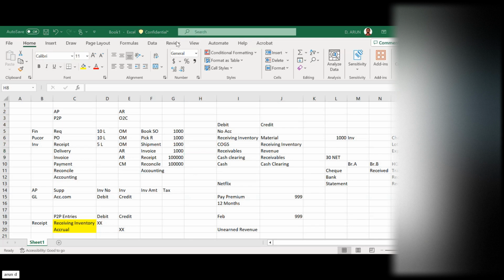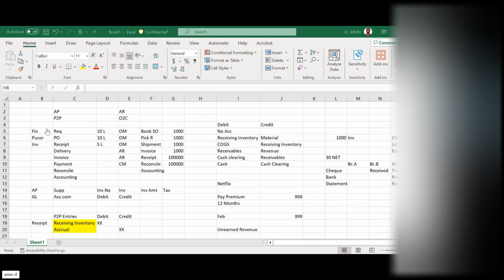Yeah, fixed asset, because fixed asset is part of P2P. It's not actually part of O2C, but since we are covering the asset part of the transaction there, the furniture and the other examples that I have given, I'll cover the accounting entries in the fixed asset module also.